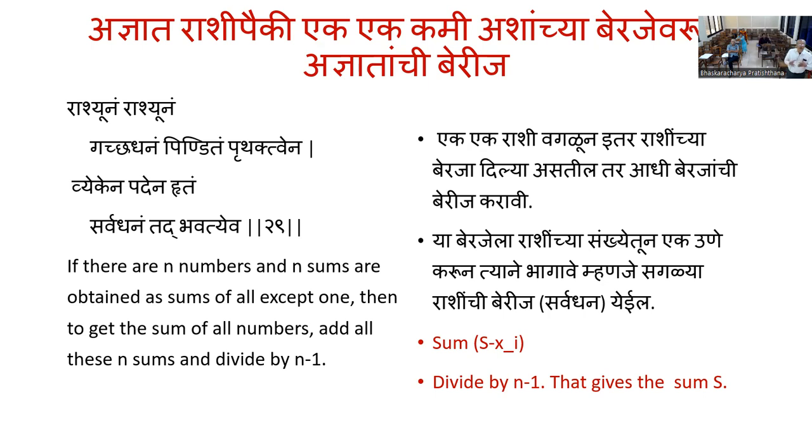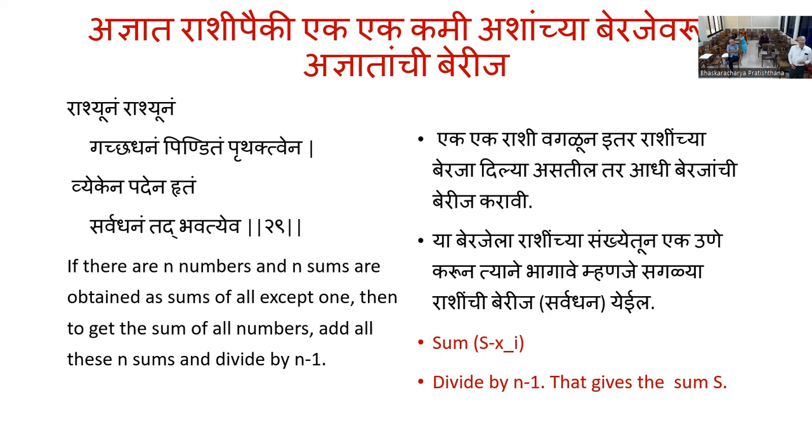Sarvadhana means total amount, whatever it is. If you want to know that, then vyekena padena hrutam. So this is to be added together, and vyekena padena hrutam. Pada is the total number of terms, Rashi. Vyekena means you subtract one from that.